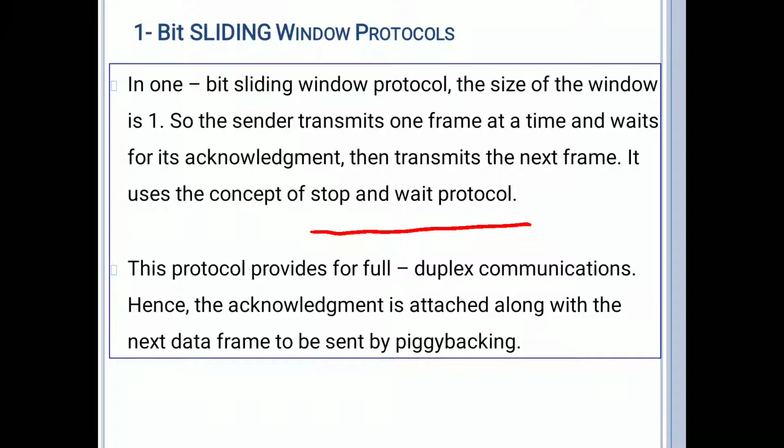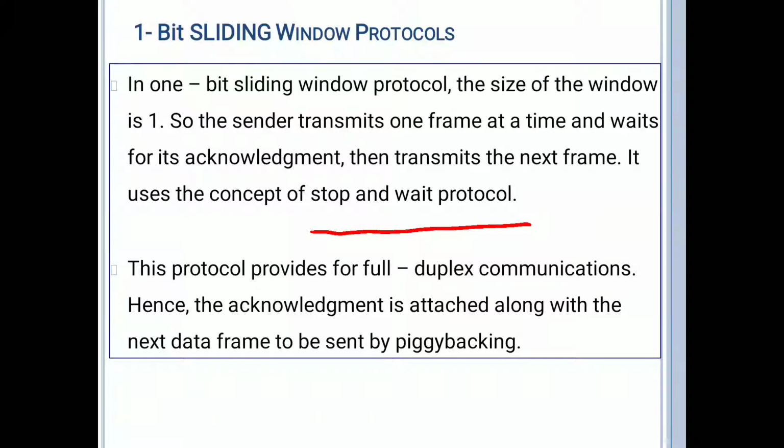There is no transmission from the other side, not expecting also. Half duplex means bidirectional transmission is there, but at a time data is transmitted in only one direction. Once the sender sends the data, after that the receiver sends the data. In this way the data is transmitted in half duplex mode.